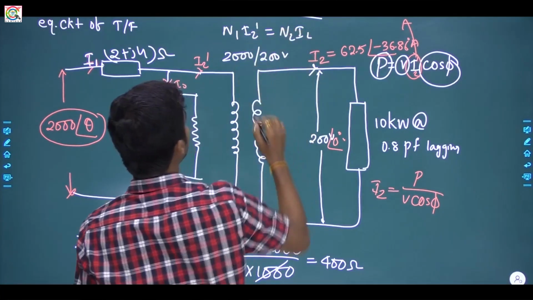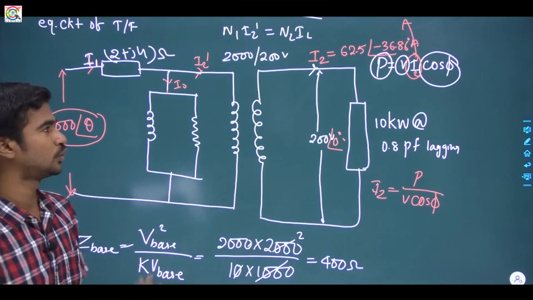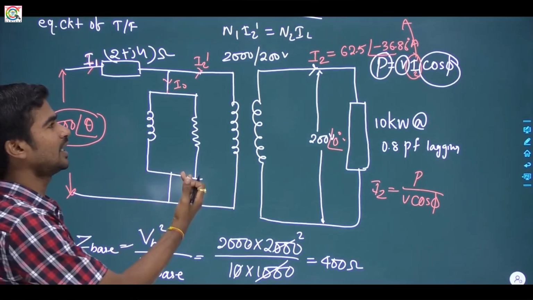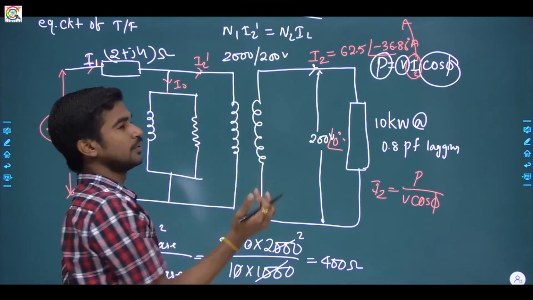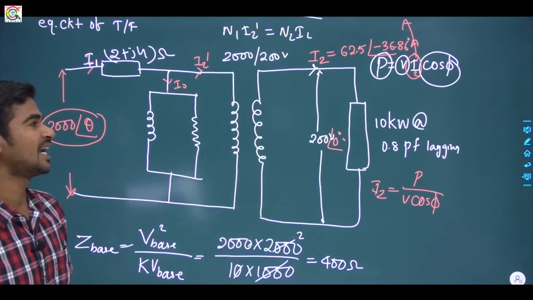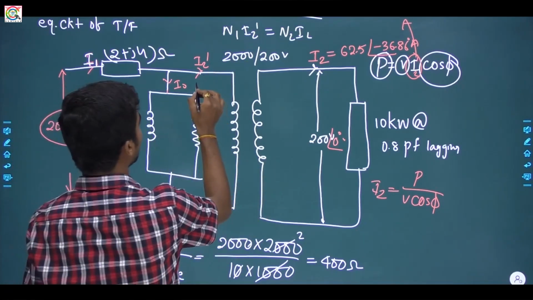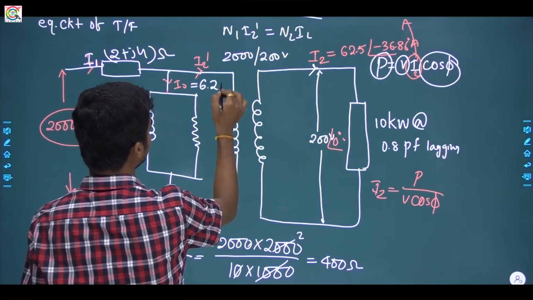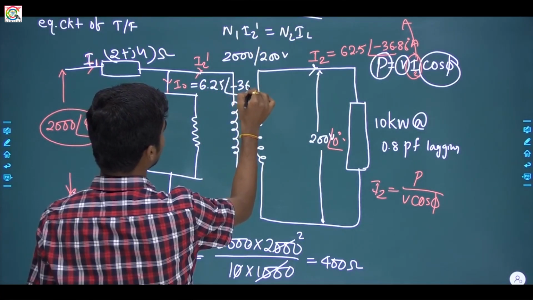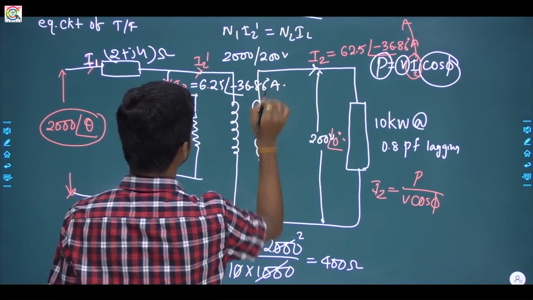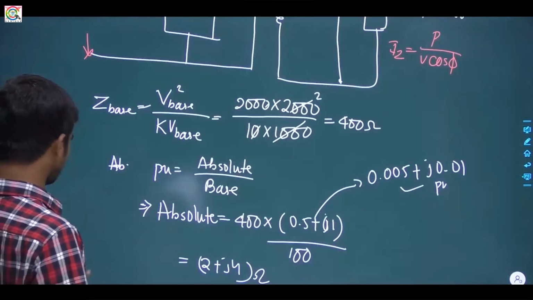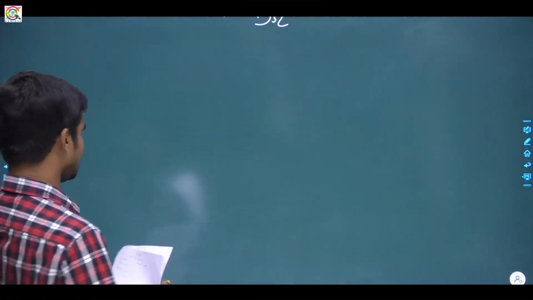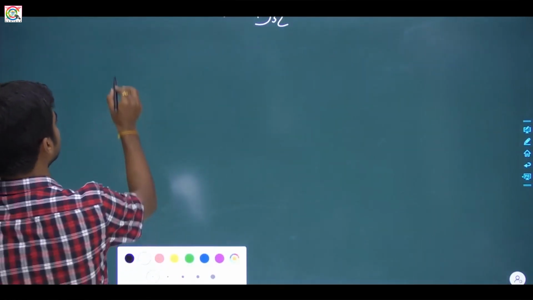In the high voltage side the current is always lower, and it would be 1/10 times. So N2 by N1 is nothing but the voltage ratio 200 by 2000. So I2 dash would be 1/10 times of the load current. So I2 dash will be 6.25 angle minus 36.86 ampere. Okay. Now let's draw the equivalent circuit with respect to primary.